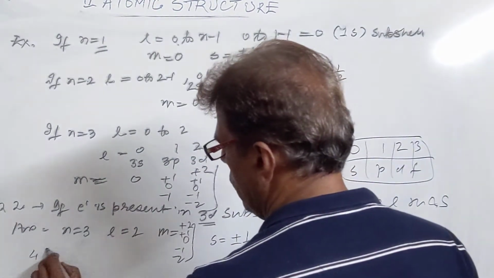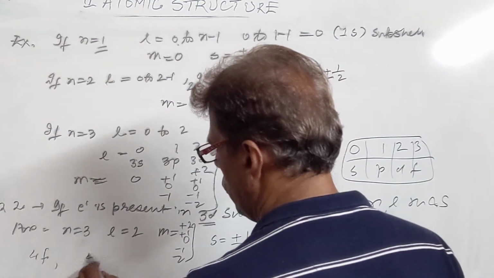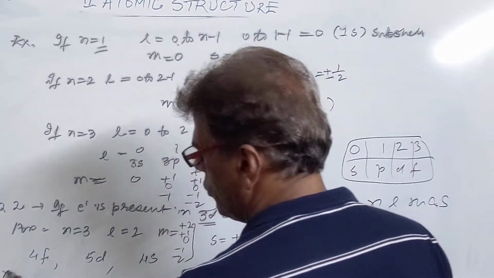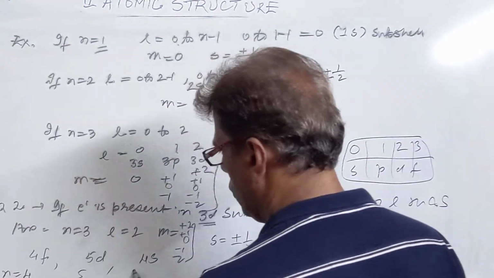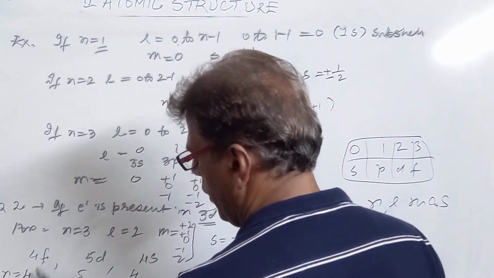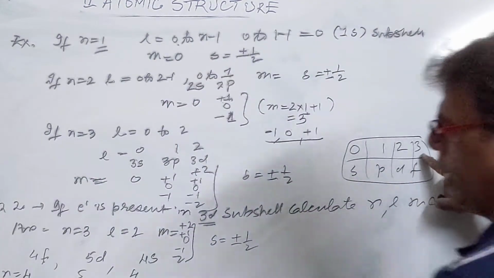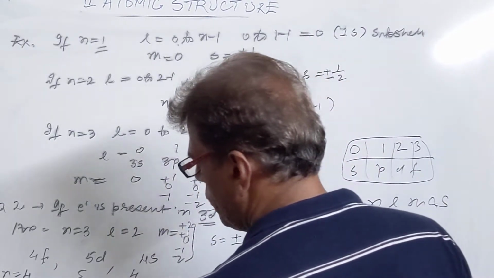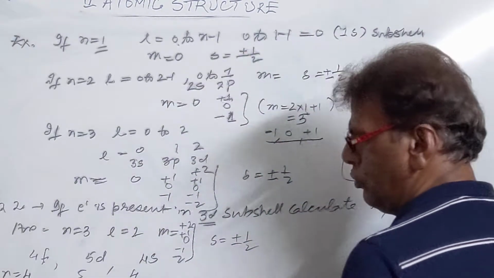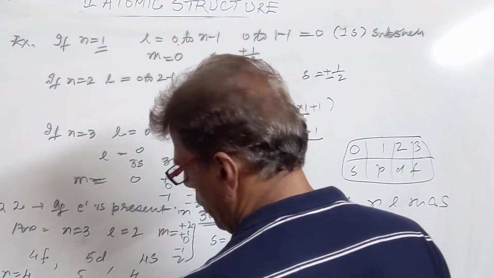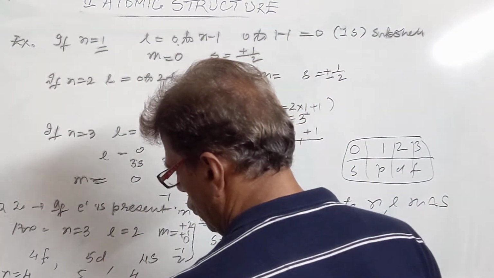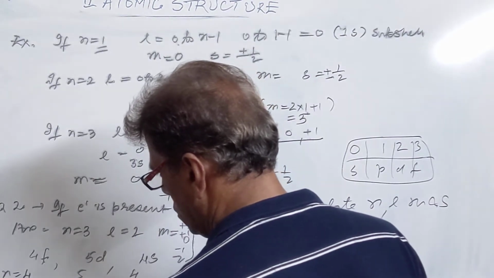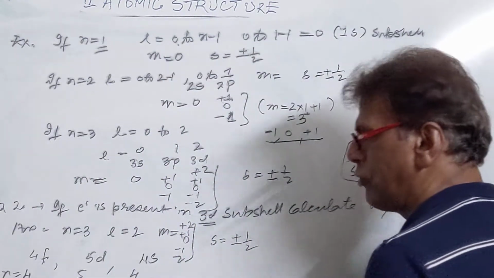Similarly, we can calculate the values for 4f, 5d, and 4s. n is 4 here, 5 here, and 4. l for the f subshell will be 3, for the d subshell 2, for the s subshell 0. m will be: you double the value and add 1, so 7 values: 0, plus 1, plus 2, plus 3, minus 1, minus 2, minus 3. 7 orbitals are present in the f subshell.